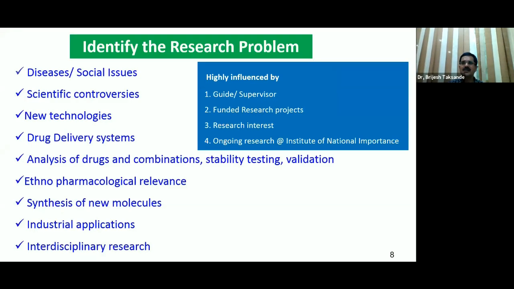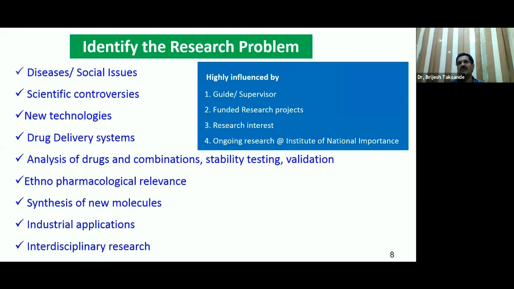So this could be the interdisciplinary research, and it would take shape when all the HODs and all the research guides related to that particular topic sit together along with their PG students and create a common platform to explore interdisciplinary research in that particular direction. So these are all the research problems on which we work in the PG program.